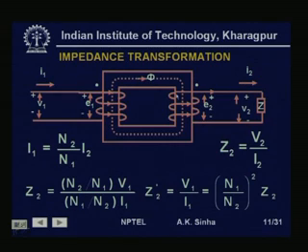When this is flowing, we will have a current I1 flowing in the primary winding, producing I1 N1 equal to I2 N2. Therefore, I1 is equal to N2 by N1 into I2, and on this side, we have Z2 equal to V2 by I2.